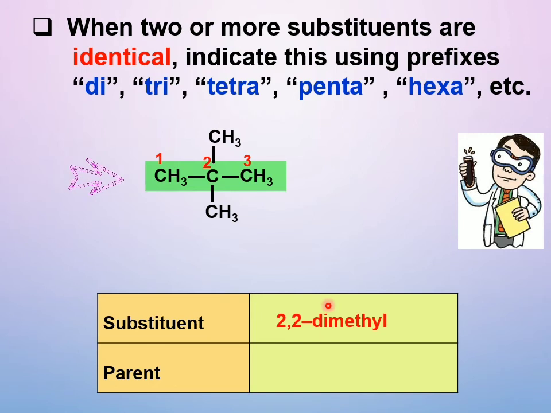Remember, you must give numbering to tell the location of each substituent. With two substituents, the numbering should have two numbers, so it will be 2,2, and di refers to methyl. The parent is propane, so the IUPAC name is 2,2-dimethylpropane.